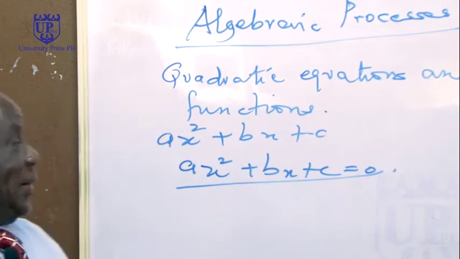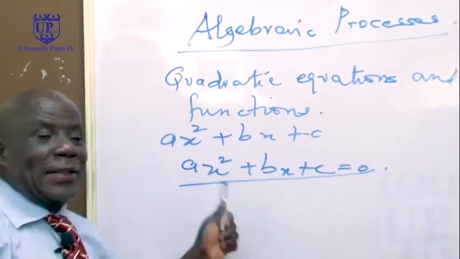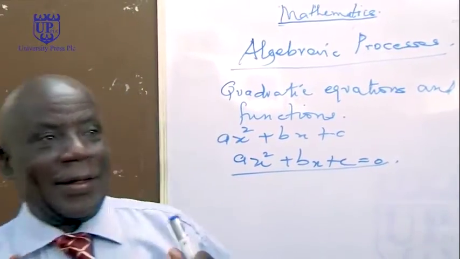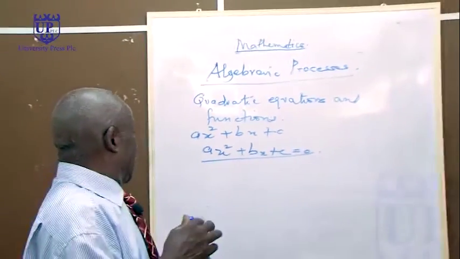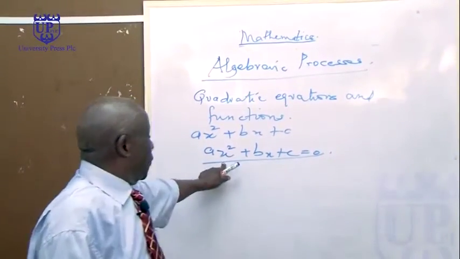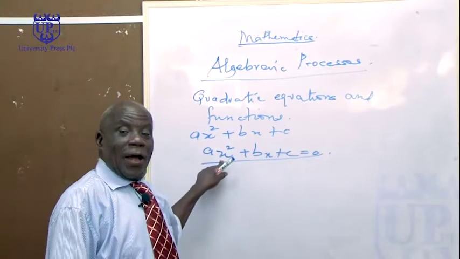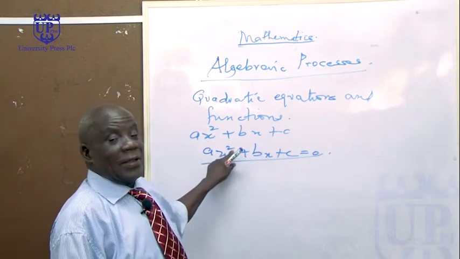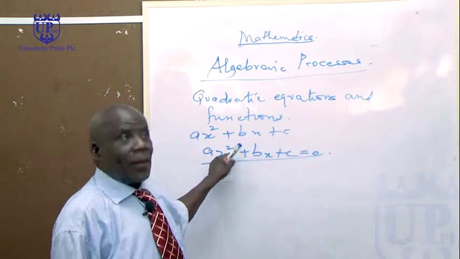To find the value of x, x is referred to as a variable. It has so many values. Here, you are going to look for 2 values of x because the highest degree is 2.